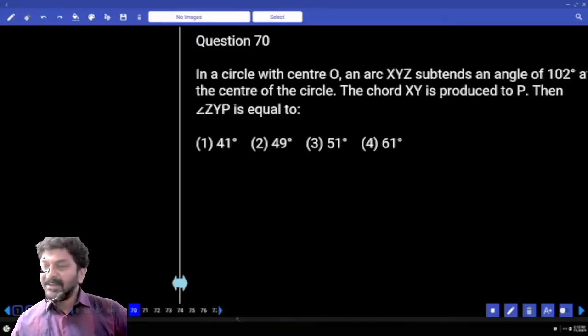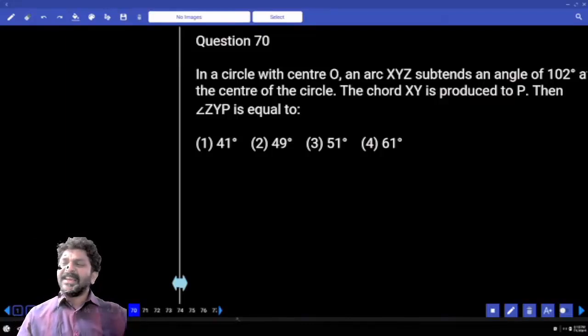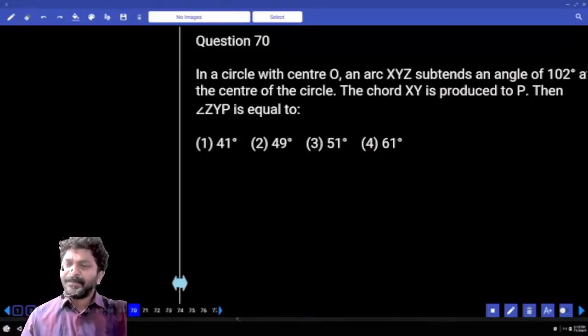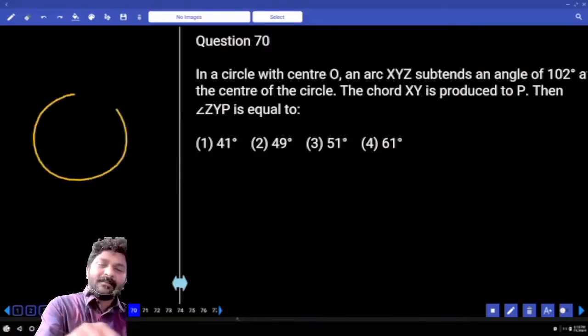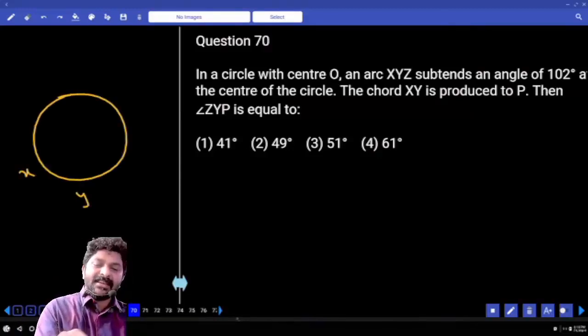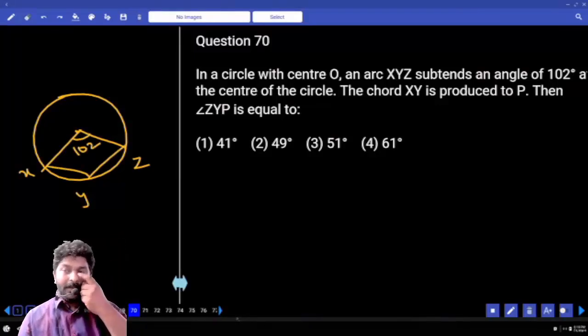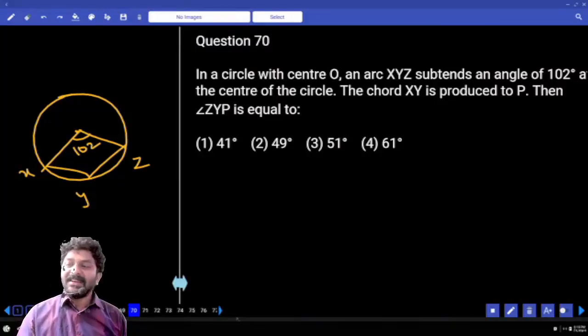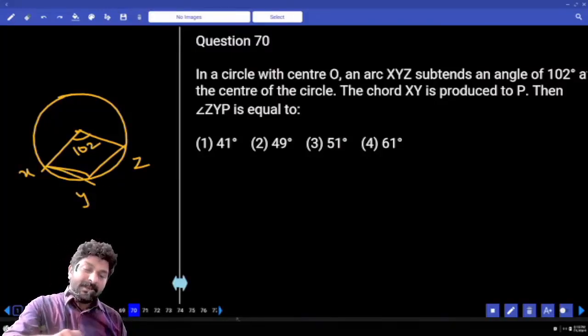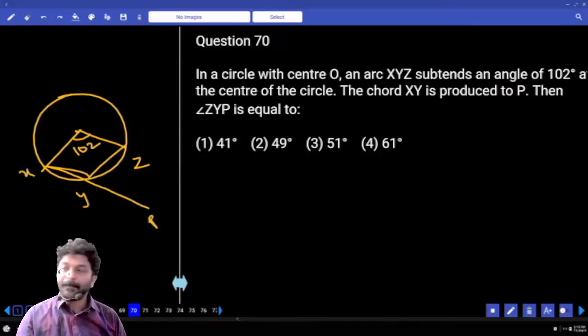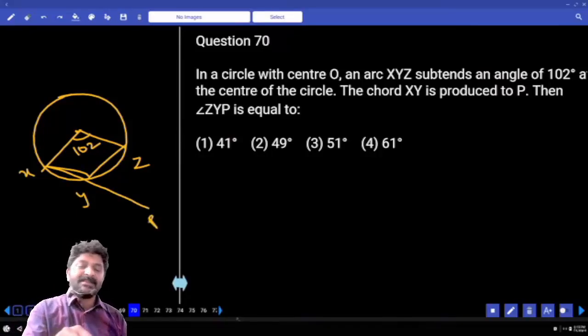In a circle with center O, an arc XYZ extends an angle of 102 degrees at the center of the circle. The chord XY is produced to P. Then XYP is equal to this one.